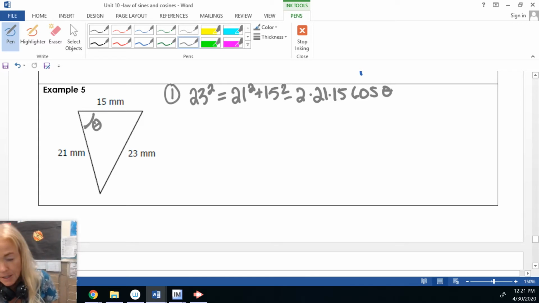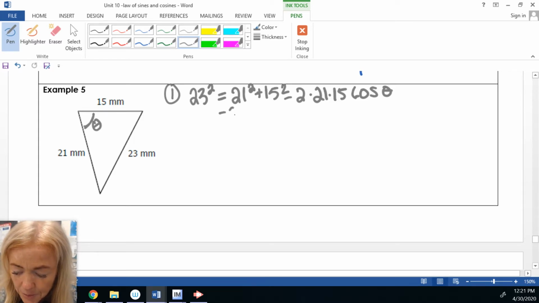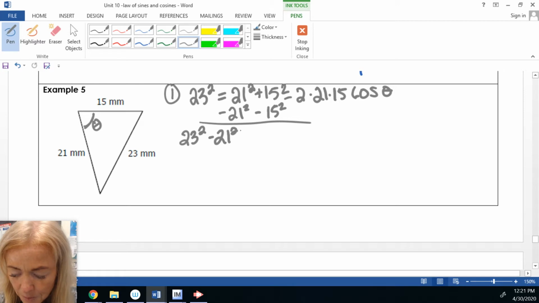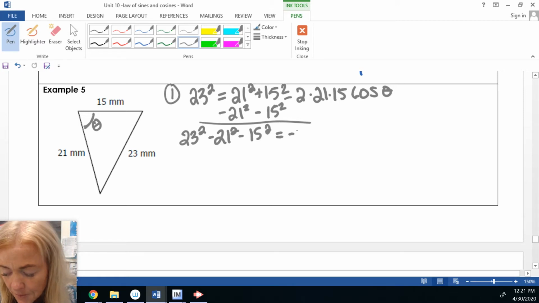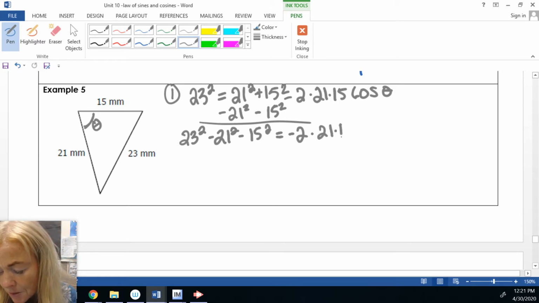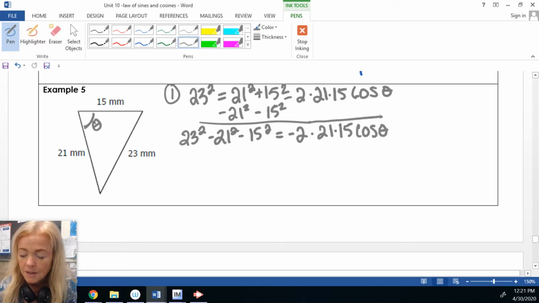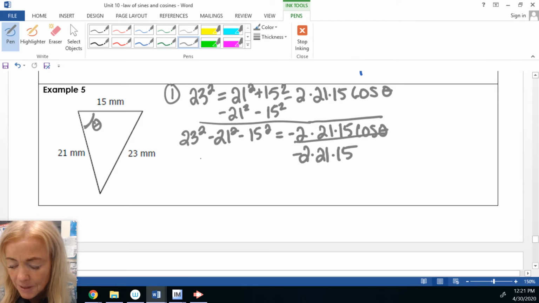And then we subtract 21 squared and 15 squared from both sides. We get 23 squared minus 21 squared minus 15 squared is equal to negative 2 times 21 times 15 times the cosine of theta. And then we divide both sides by negative 2 times 21 times 15.